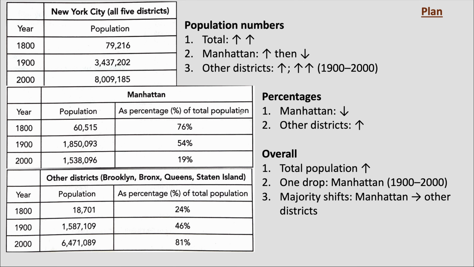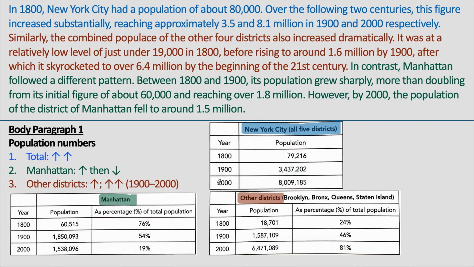After the overview, we move on to the body paragraphs where we explain the data in more detail. We start with the population numbers. On your screen, you can see the 3 tables, and this is the planning. So, first, we write about the total population numbers which come from this table. For this, we first mention the 1800 figure.